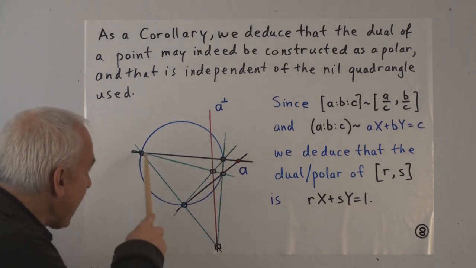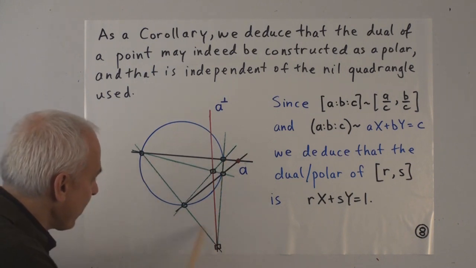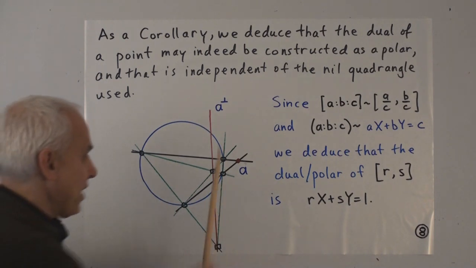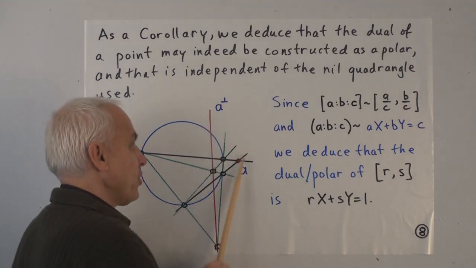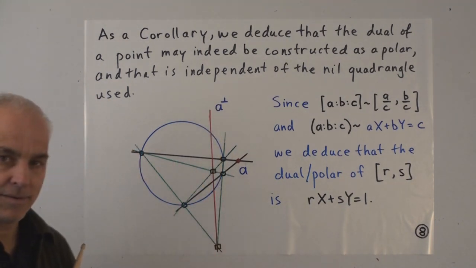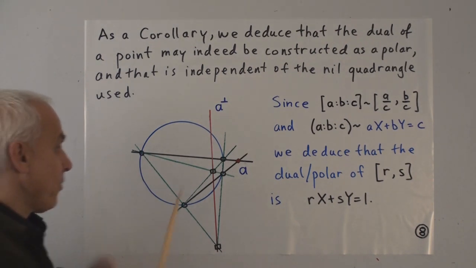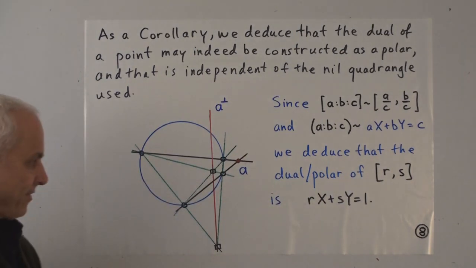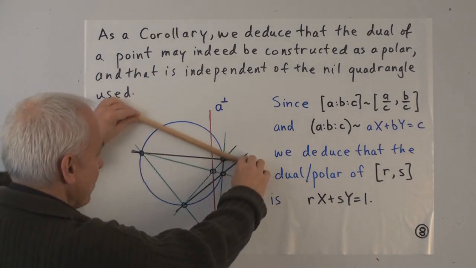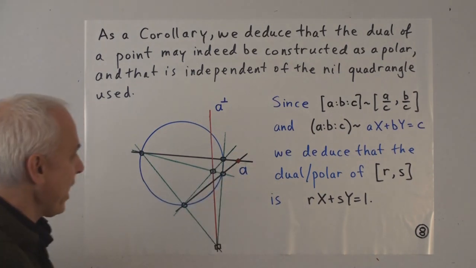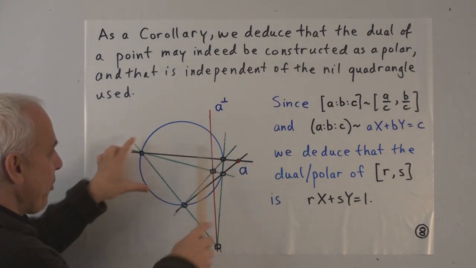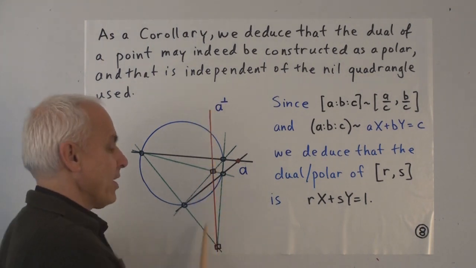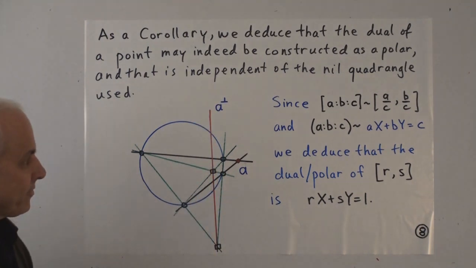You can take the diagonals of that nil quadrangle, giving you two more points, and then you can join those two points up and you're going to get the dual of A. And now we know that what you get does not depend on these two lines that we started with. You can move these lines around. As long as they go through A, that quadrangle of null points that you get will give you the same dual line once you join its two diagonals.